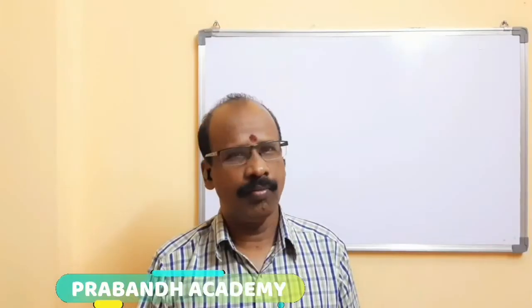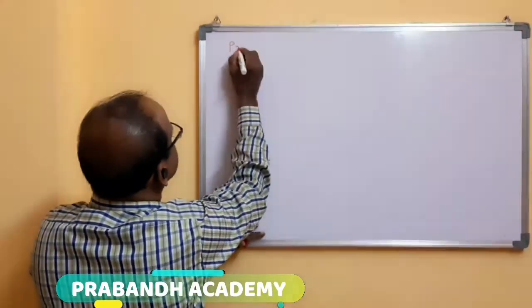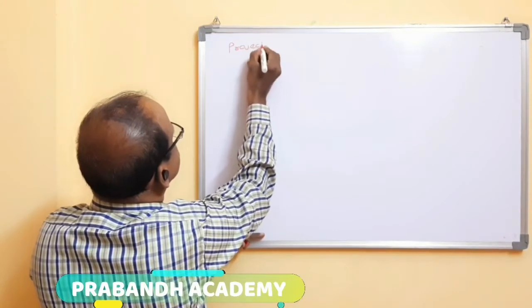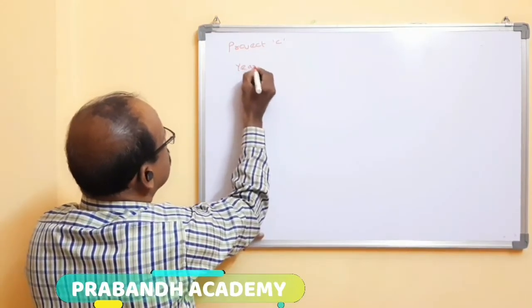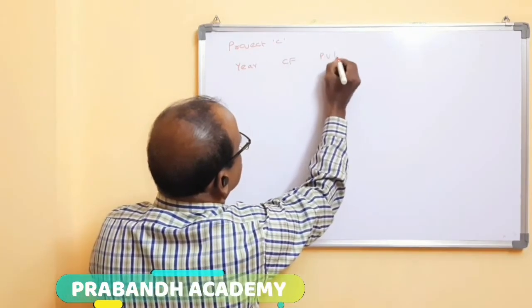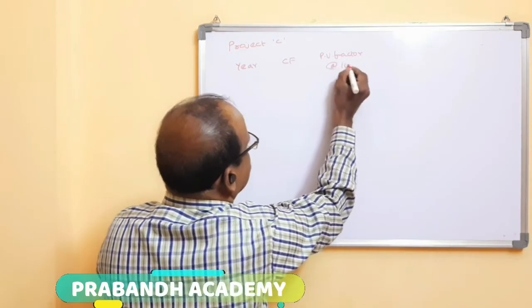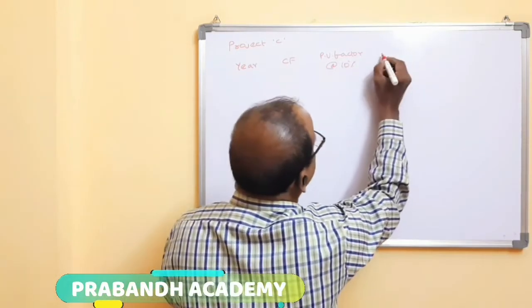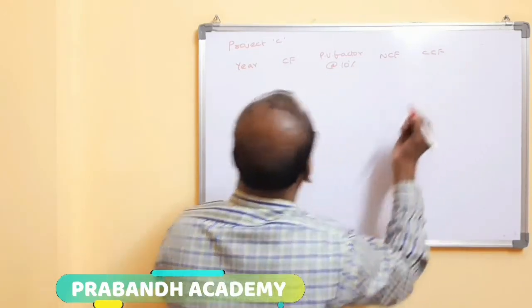Now we calculate project C. Here, cash flow, PV factor at 10%, net cash flows, and the cumulative cash flows.